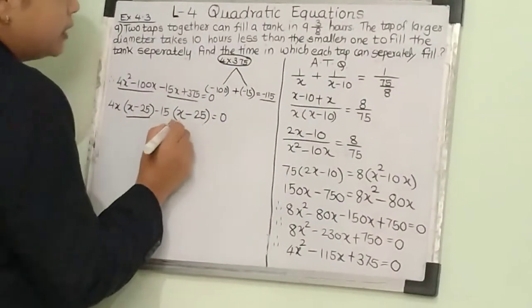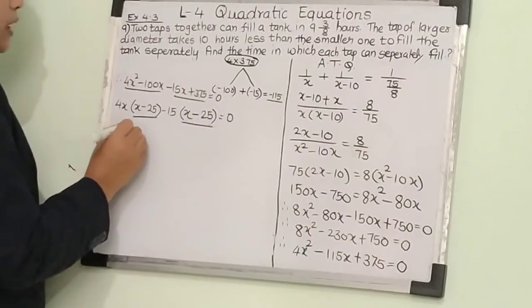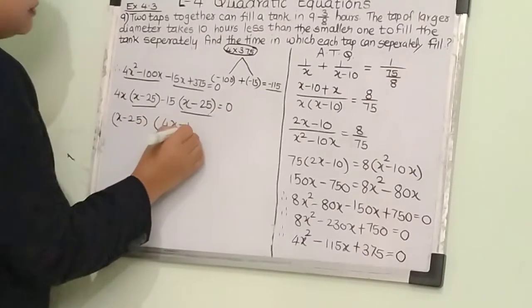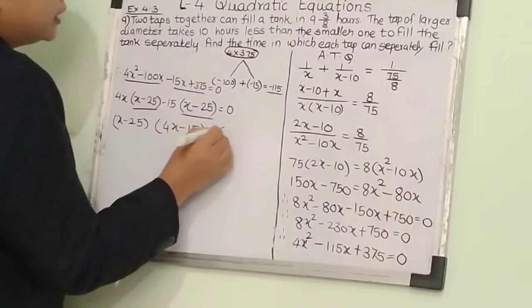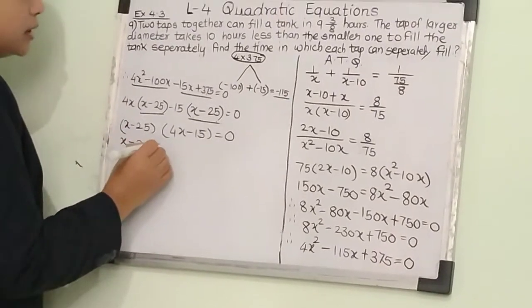Now again I take common x minus 25. So I write x minus 25 in one bracket and 4x minus 15 in the other bracket. Now equate this with 0.